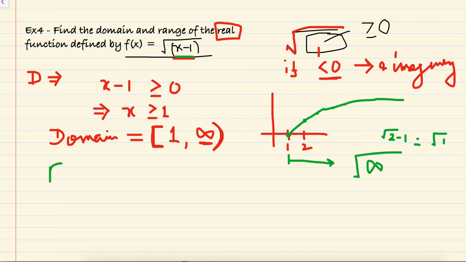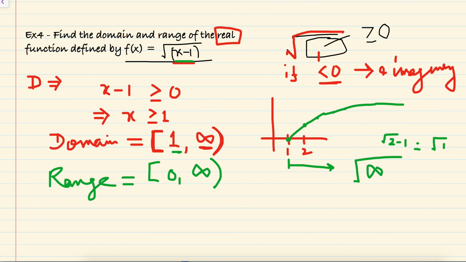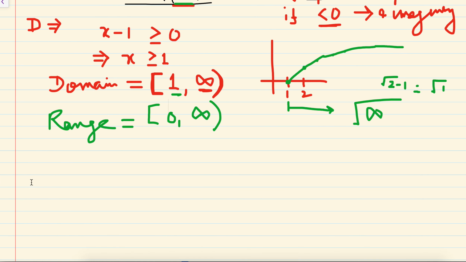So its range would be 0 to infinity. 0 when x is 1, and it will gradually increase as x increases because x minus 1 increases when x increases. So this would be the domain and range. So this was our fourth example. We will take the fifth example.